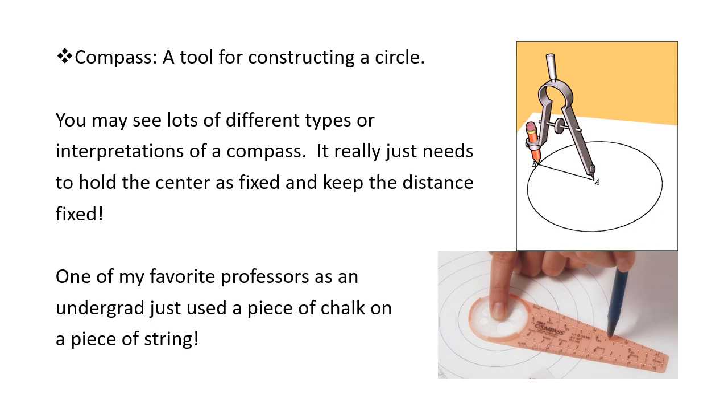And then we have our distance there, our radius B, which is the distance from the pencil point to the needle. That's our radius. And then as we turn that compass around, that pencil is going to construct all those points that make up the circle. The bottom compass works similarly. It's the same idea. The finger there is holding that little round disc in place.